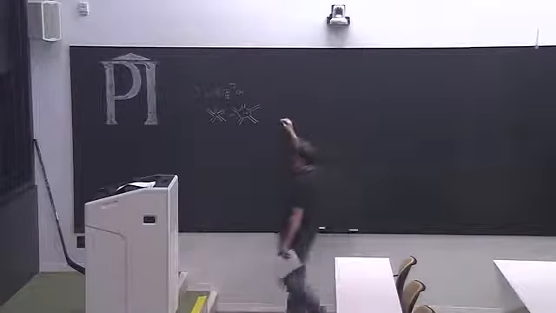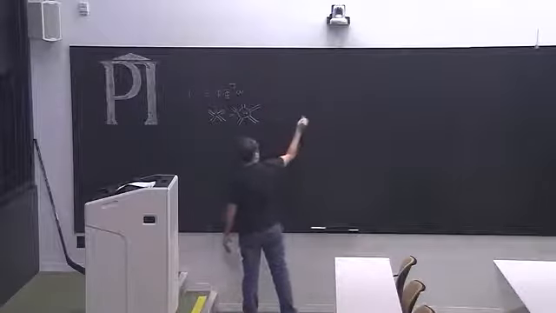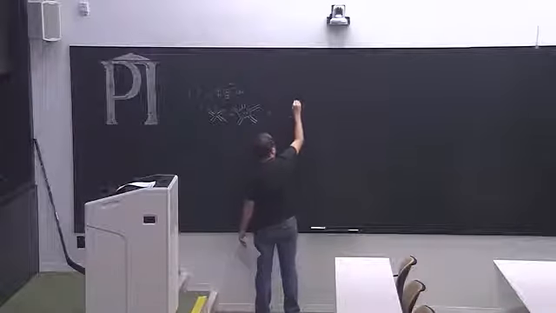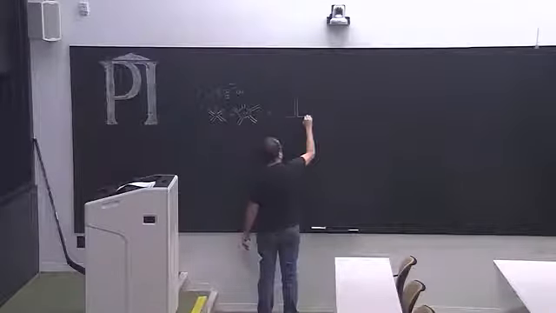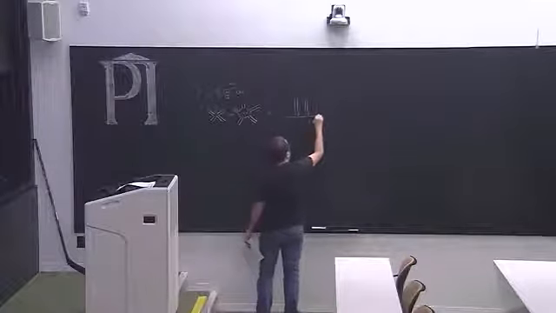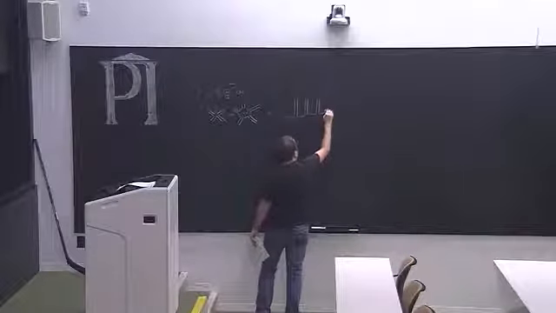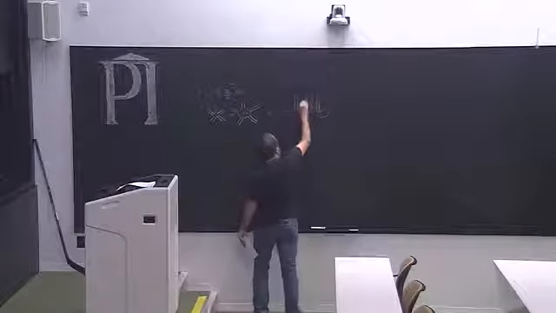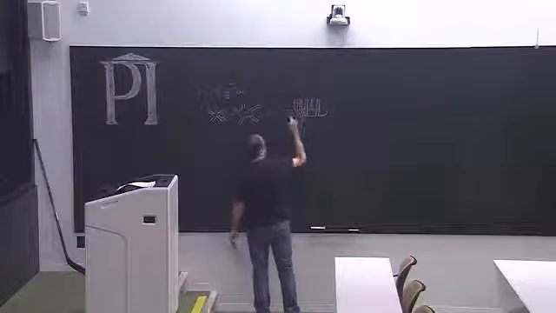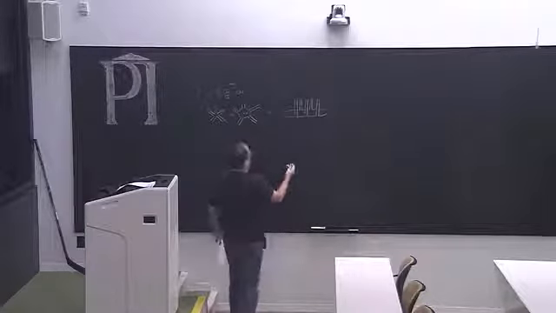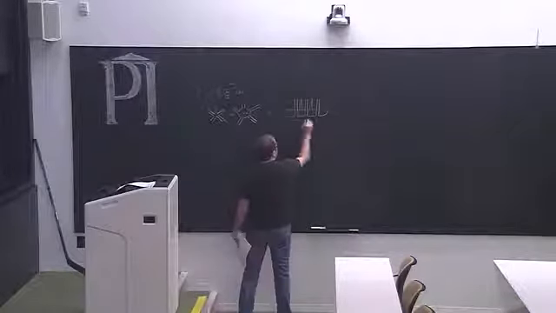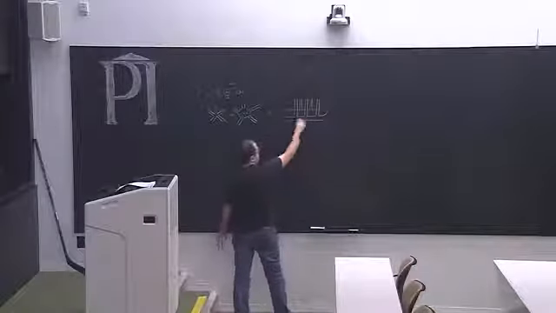I can also draw a circle with 5 lines coming up, but I remember that all this is at some position x. This is just a mnemonic.